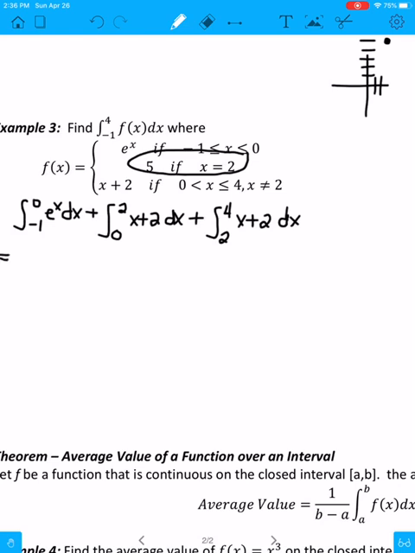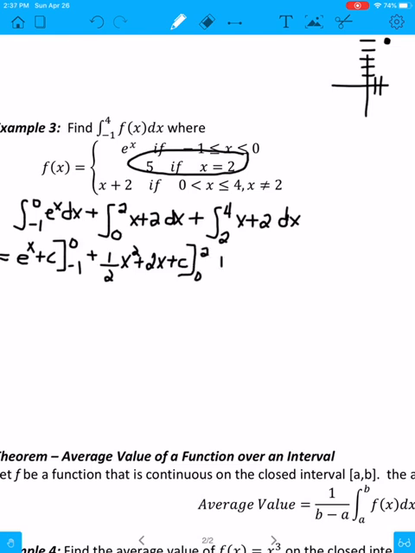Okay, so we're going to do this. The antiderivative of e to the x is e to the x plus c from negative 1 to 0, plus the antiderivative of x, raise the power, so it's going to be x squared divided by 2, or 1/2 x squared. The constant just gets an x, so plus 2x plus c from 0 to 2.